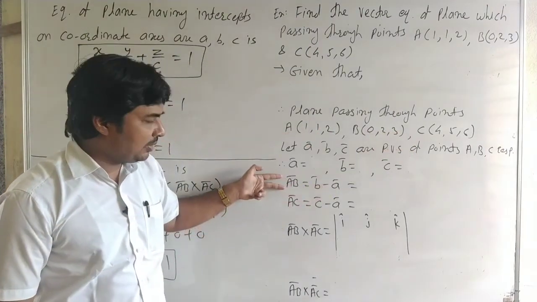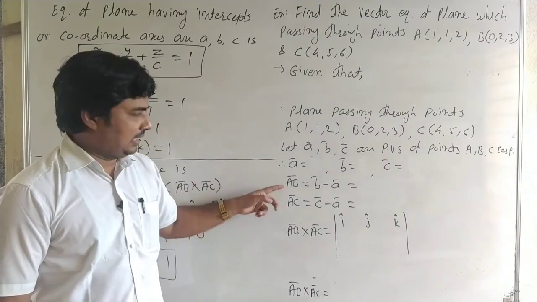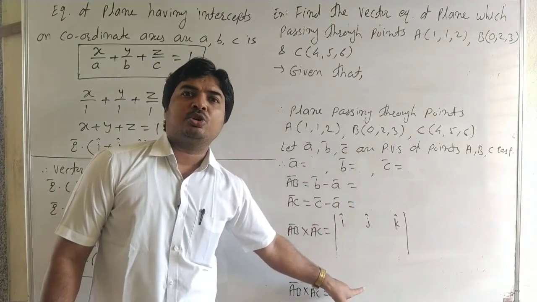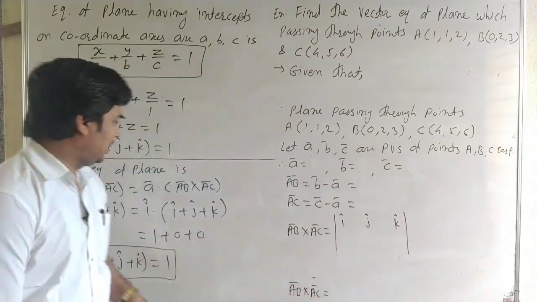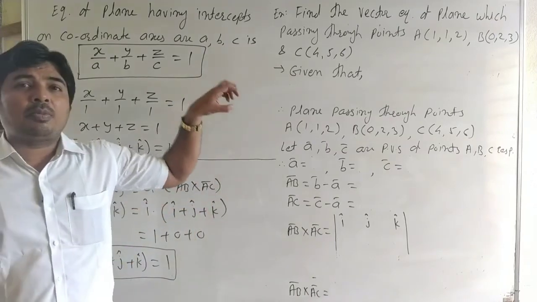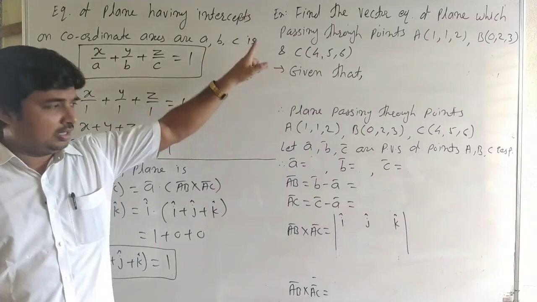First find vector AB, then AC, and then their cross product, which is normal to the plane. Find AB cross AC and put the values in this formula. It is the equation of the plane passing through 3 points. This example is for homework. See carefully this.